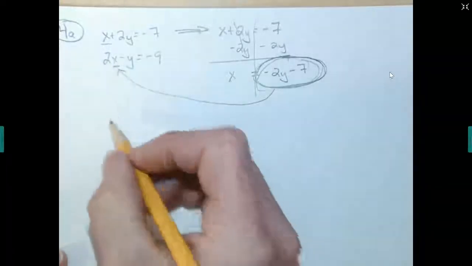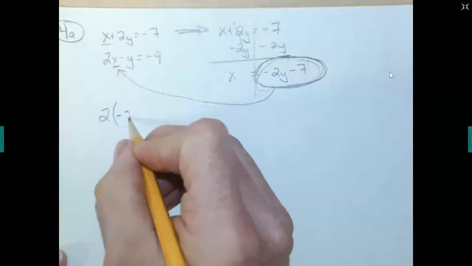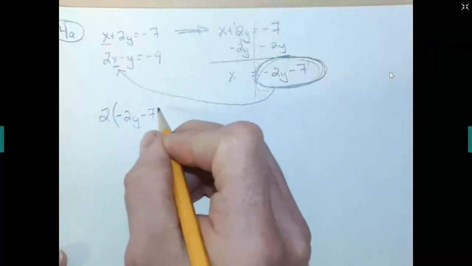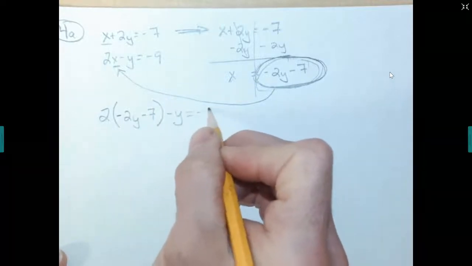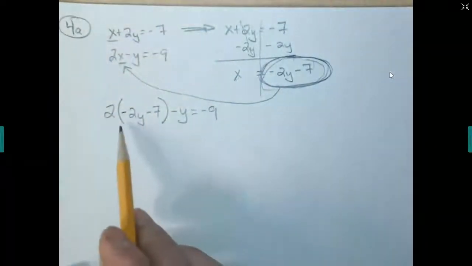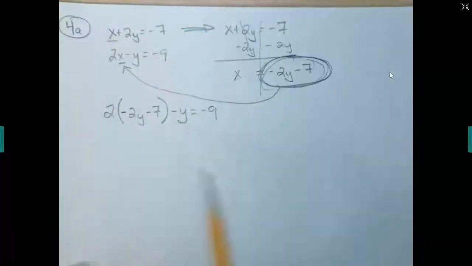So let's do that. 2 times this, negative 2y minus 7, minus y equals negative 9. So now if you notice, all I have is one variable. Y is my only variable in here. So let's solve.